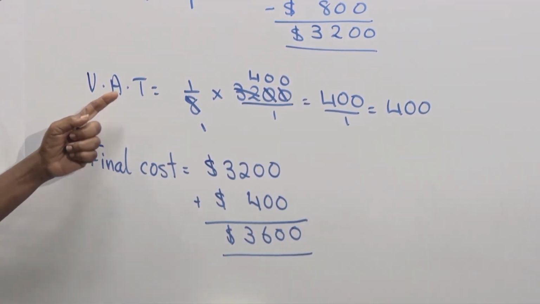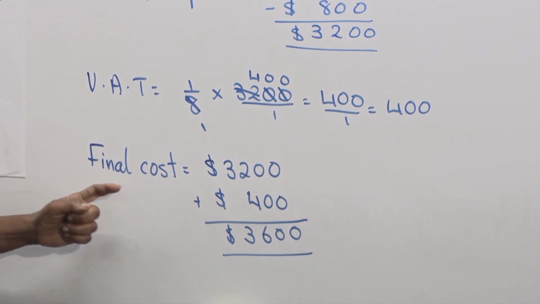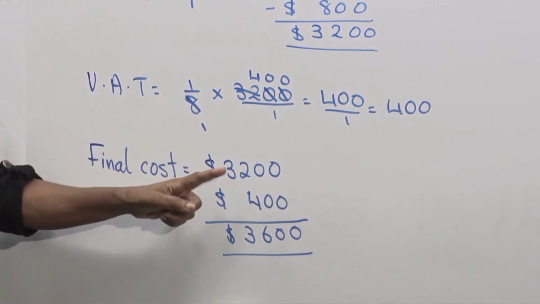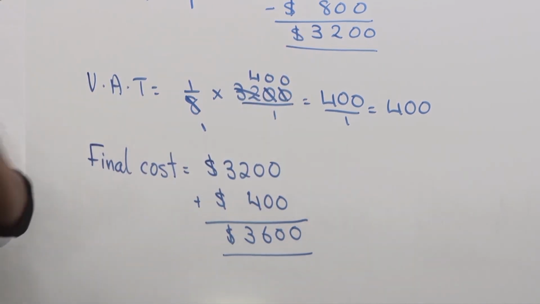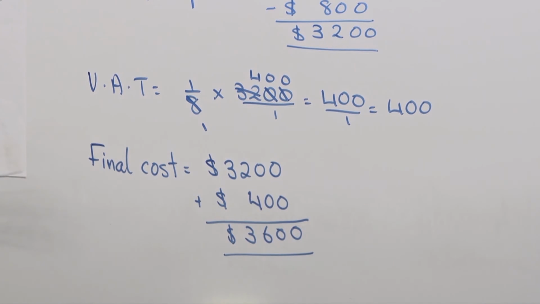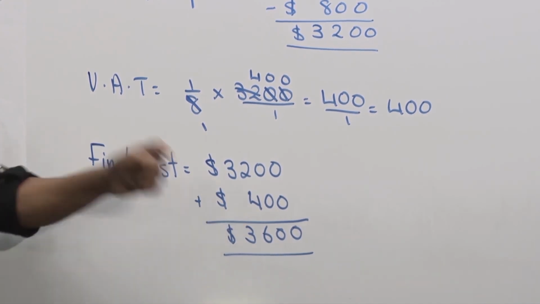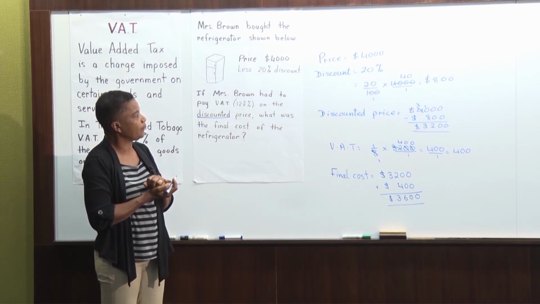The value added tax Mrs. Brown has to pay is $400. Therefore, the final cost of the refrigerator would be the $3,200, which is the discounted price, plus the VAT of $400, which works out to be $3,600. But let's look at it another way.